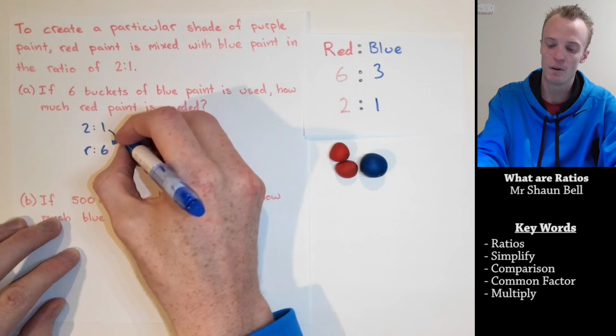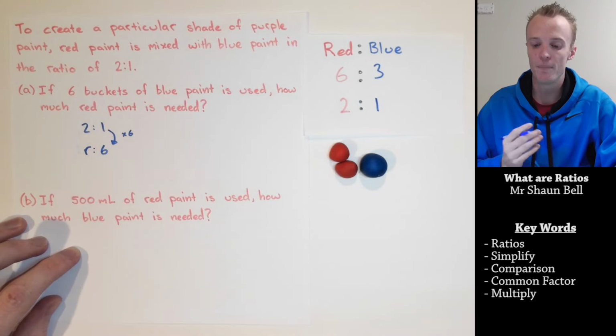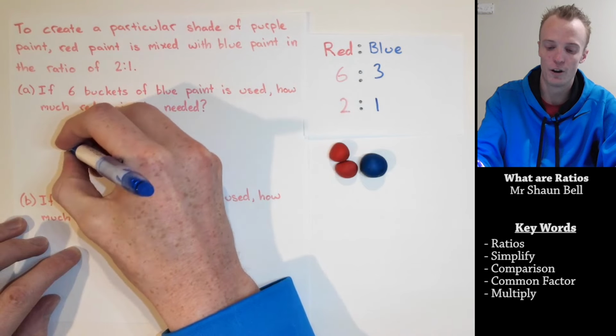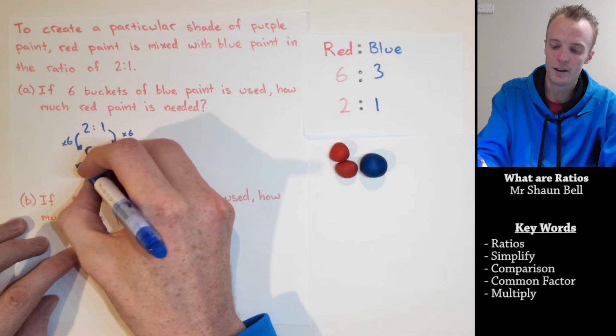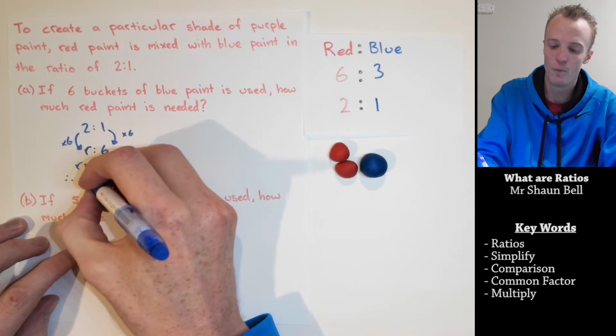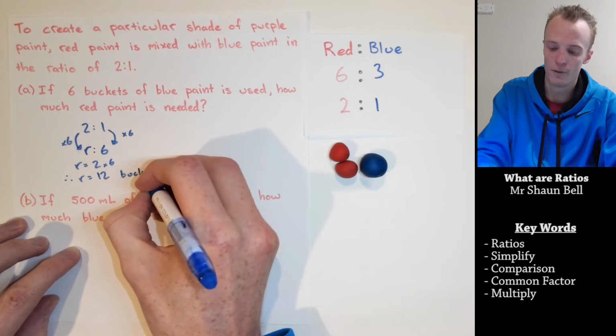In this case, we multiplied by 6. So to work out how much red paint we need, we also need to multiply this side of the ratio by 6. So the red paint is going to be 2 times 6. Therefore, we're going to need 12 buckets of red paint.